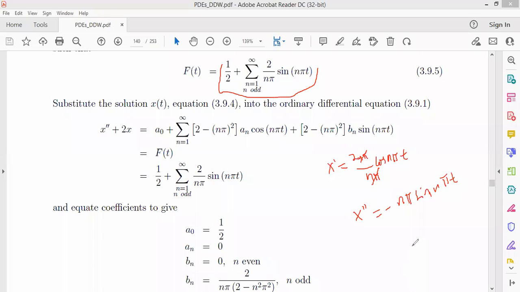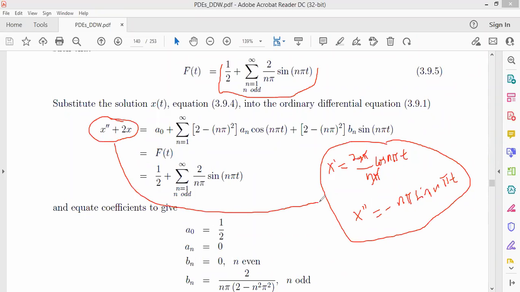If you do that, it means you're only going to have this term and that term. The halves will disappear. That's why, when you substitute back into our formula, we are going to substitute this into this term here. I hope we are together on how the substitution is being done.